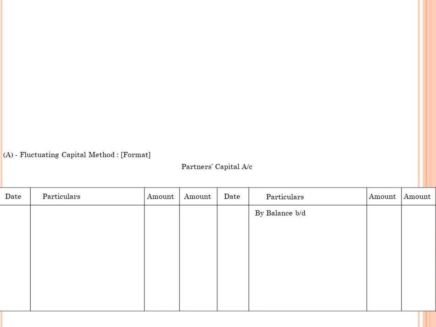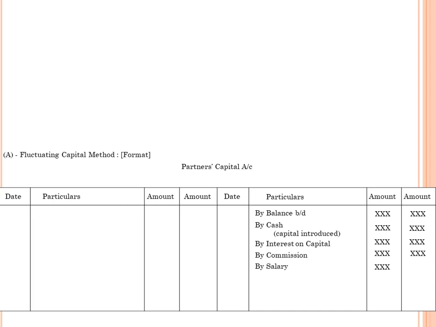We start with by balance brought down, that is the capital at the beginning. By cash, any additional capital introduced. By interest on capital, by commission to partners, by salary to partners, by share of profits, P&L appropriation account, and find the total.